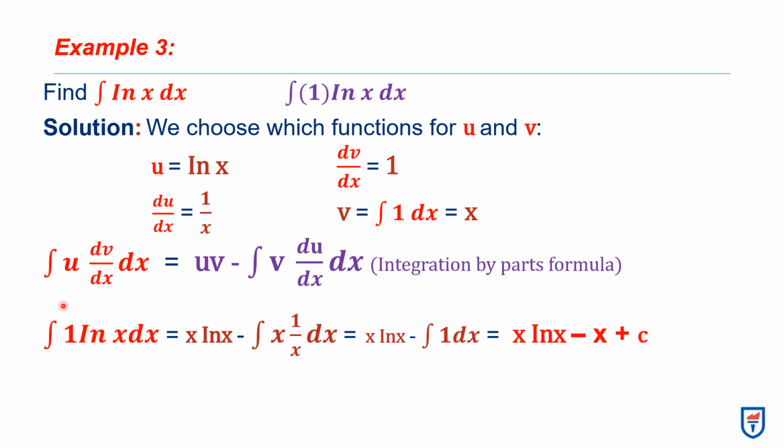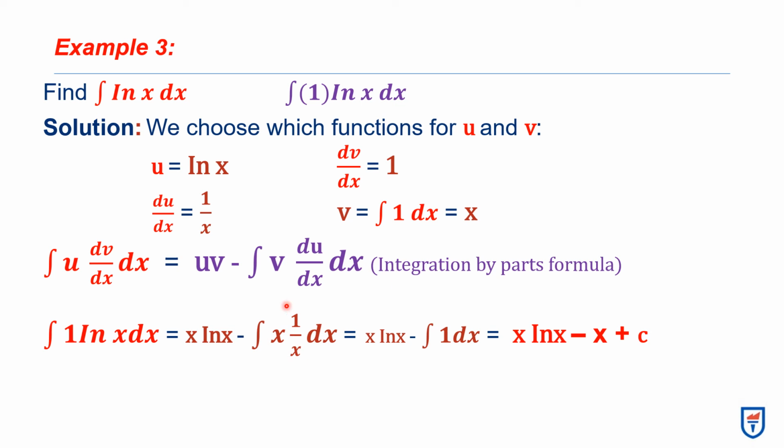Our function, which is the integration of 1 times ln x dx, is equal to, in place of u, we put our value of u, which is ln x, and in place of v, we put our value of v, which is x. So we have x ln x minus the integral of v, which is x, times du/dx, which is 1 over x dx.